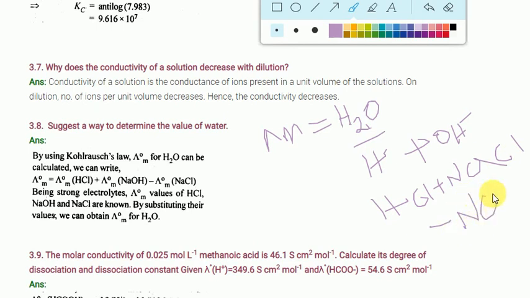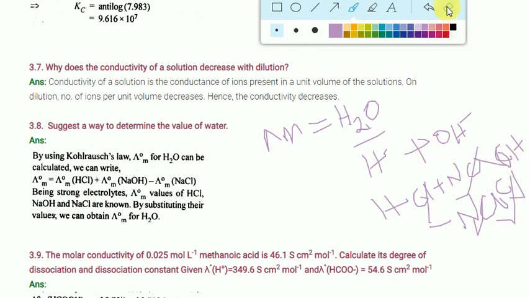If you go for minus NaCl, chlorine will cancel and sodium will cancel, so NaOH, sorry. What you get is H plus and OH minus, nothing but the water molecule's conductivity.